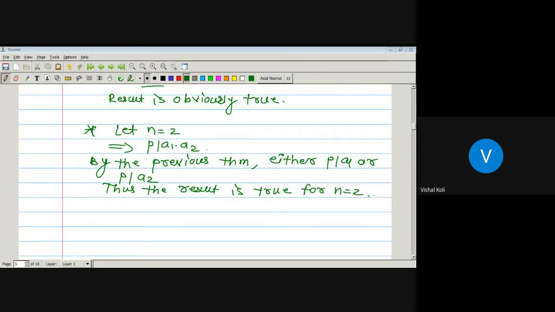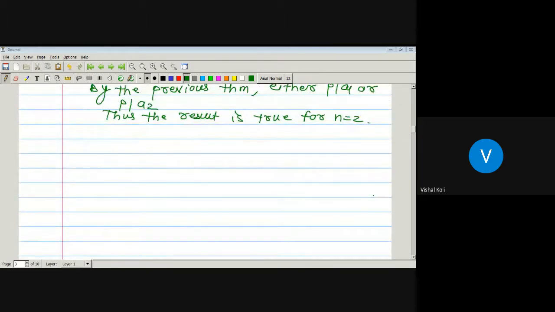Okay, now by mathematical induction, we will assume that it is true for some n equal to k minus 1. So let us assume that the result is true for n equal to k minus 1.